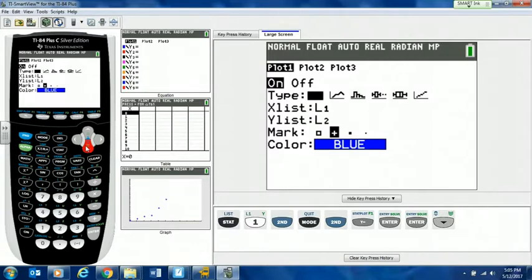The reason you don't want a line graph or a bar graph is that it doesn't properly show our data, so we select the scatter plot. Now this is where you need to make sure that your x and y variables are labeled properly.